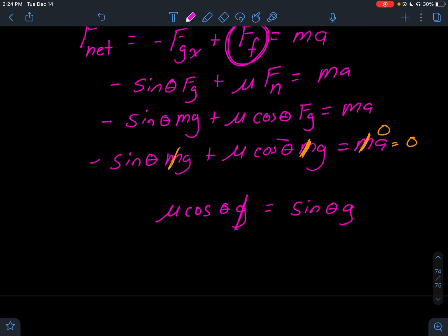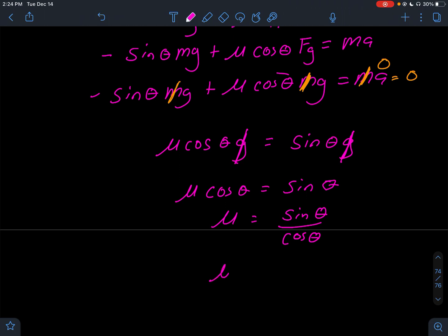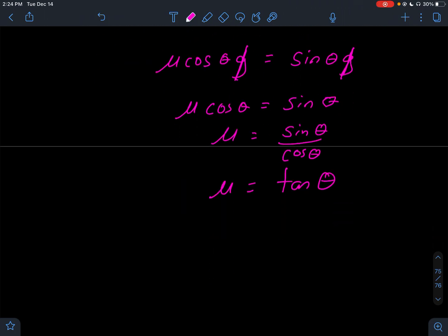Everybody brought acceleration due to gravity to the party. So mu cosine theta equals sine theta. If I divide by cosine theta, I get sine theta over cosine theta, which is the same as saying tan theta. And now I'm looking for an angle.